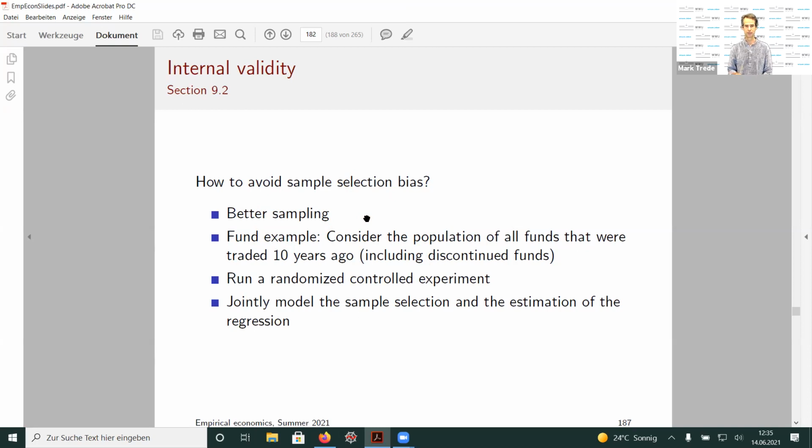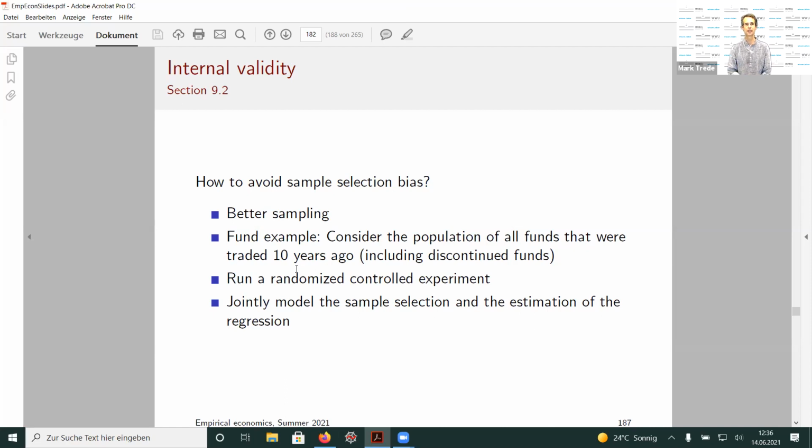The second example would be to run a randomized controlled experiment. Well, this is what we started with at the start of the semester. So that's always an option. But as we have seen, always an option is a rather theoretical argument because in practice, these randomized controlled experiments are not really doable in very many cases.